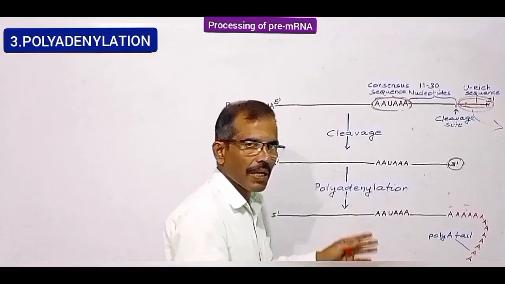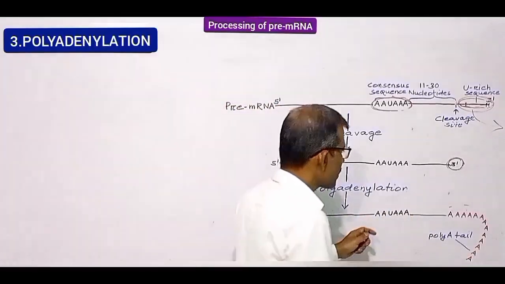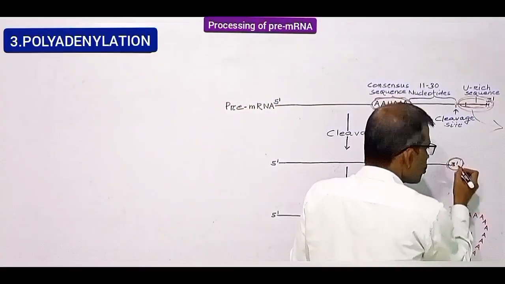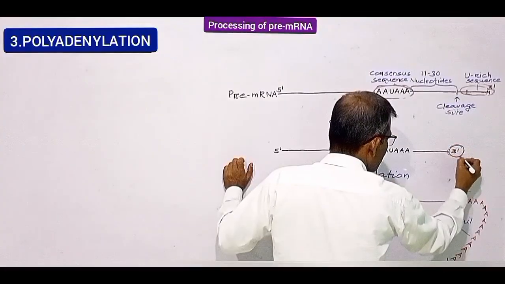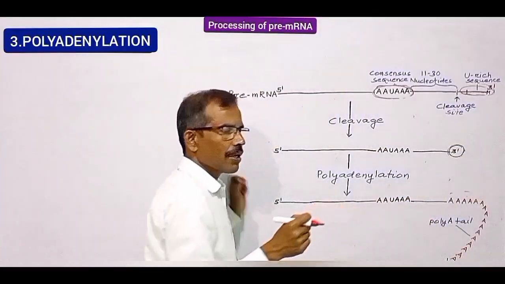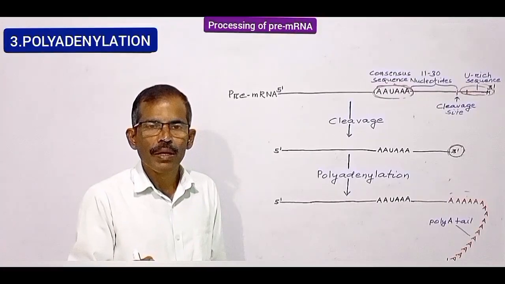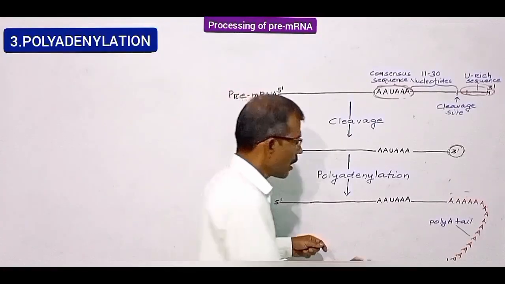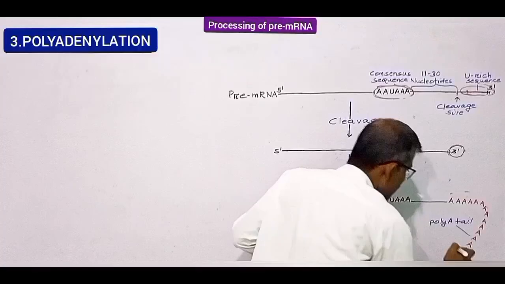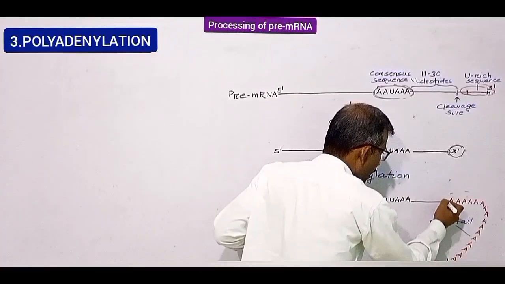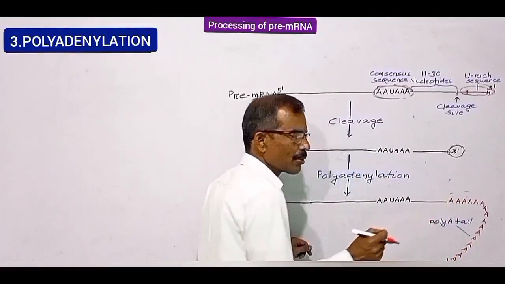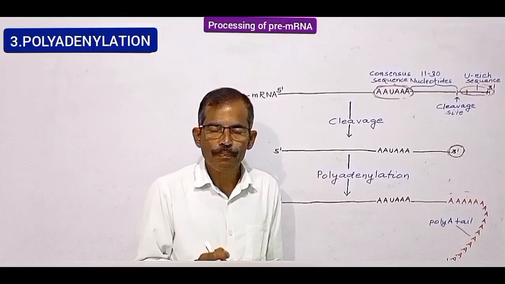After this, adenine nucleotides are added to the new 3' end by an enzyme, poly-A polymerase or polyadenylate polymerase. So in this way, a long poly-A tail is added to the 3' end of the eukaryotic mRNA.